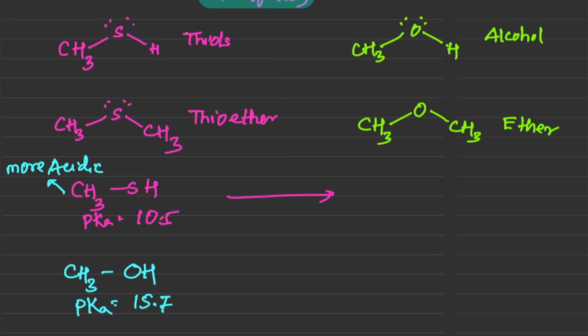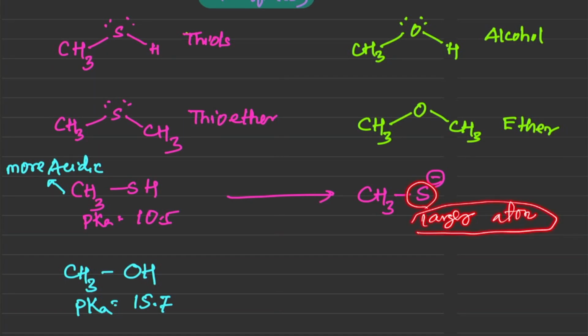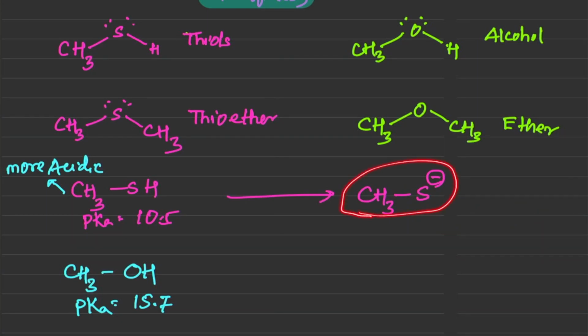So what's left over is CH3S minus. This negative charge is delocalized across a larger atom. The sulfur atom is larger, so the negative charge is dispersed across a larger atom. As a result, this conjugate base is a lot more stable.